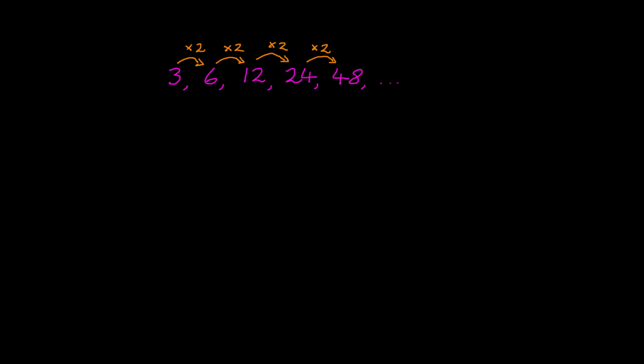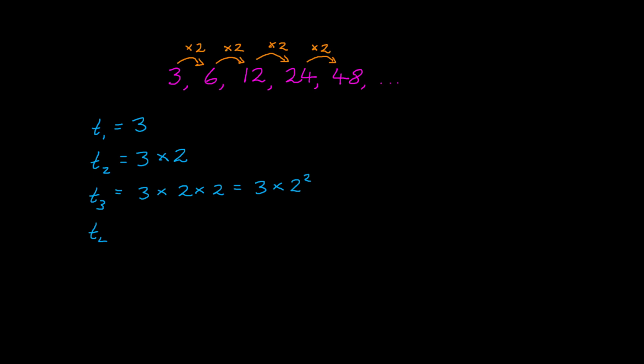And if we start to look at each of the terms, we'll see that the first term is 3, the second term is 3 times 2, the third term is 3 times 2 times 2, or 3 times 2 squared.